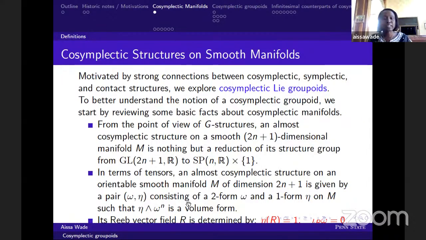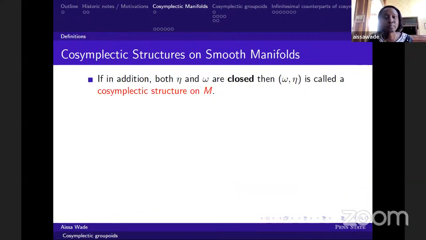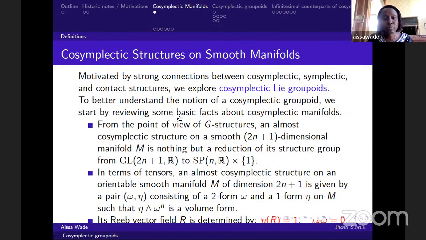But the difference between cosymplectic and contact is that we're going to require eta to be closed. And we can't have eta closed for contact because of this relation here, because we want this to be a volume form.